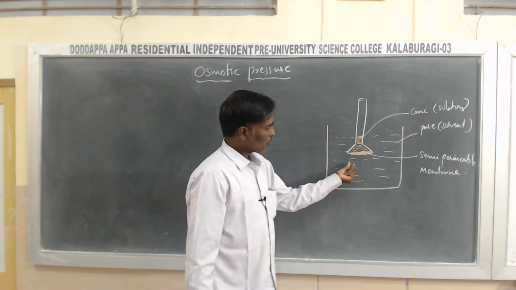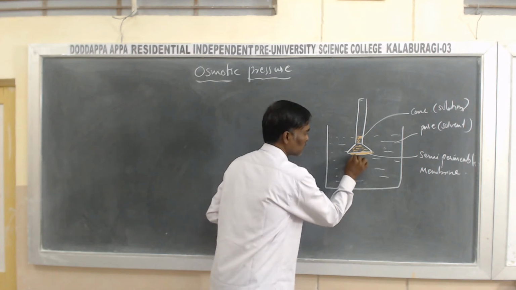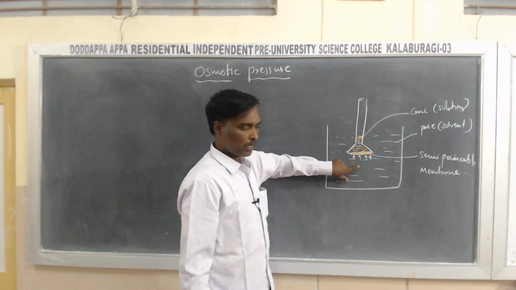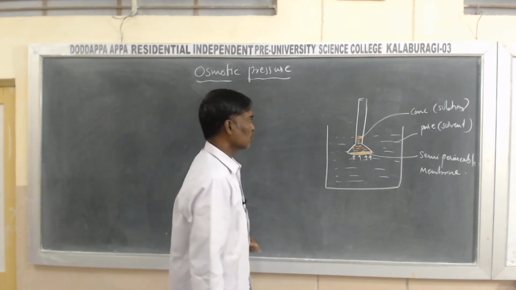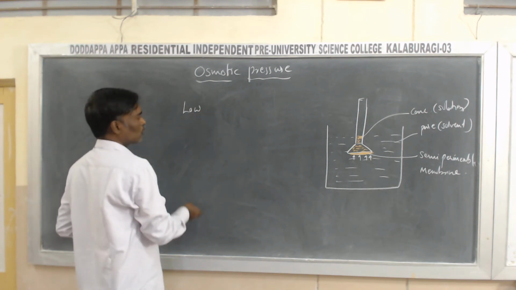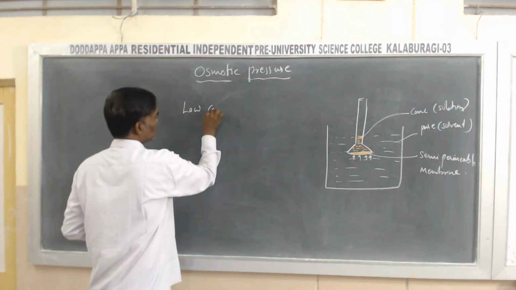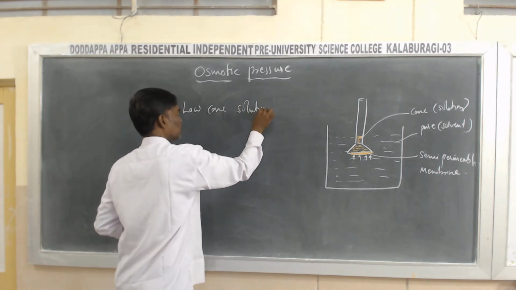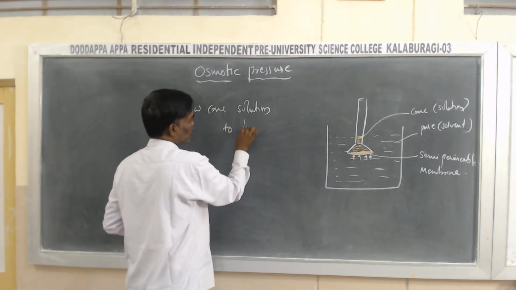Now the movement of these particles takes place from low concentrated to high concentrated. That is the movement of solvent particles from a low concentrated solution to a high concentrated solution.